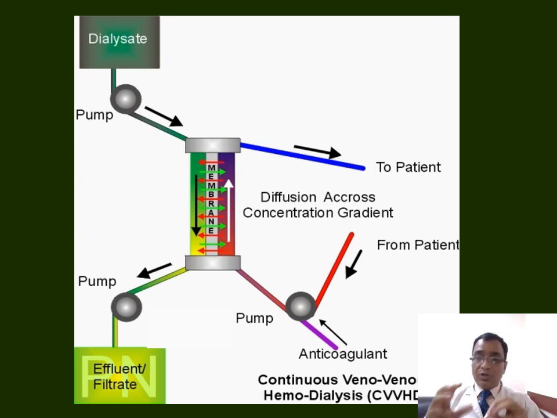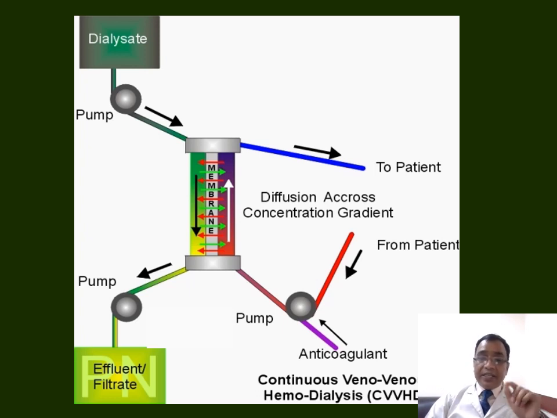Diffusion is almost always happening with ultrafiltration also. So dialysis also happens along with the ultrafiltration. So this effluent now has the ultrafiltration plus an equal amount of dialysate. Therefore, in ultrafiltration or hemofiltration, your effluent is equal to ultrafiltration only.